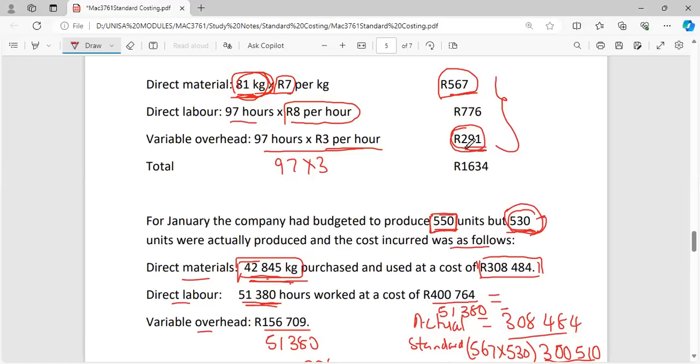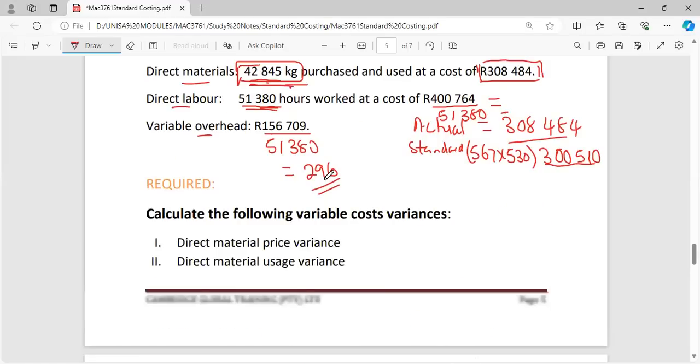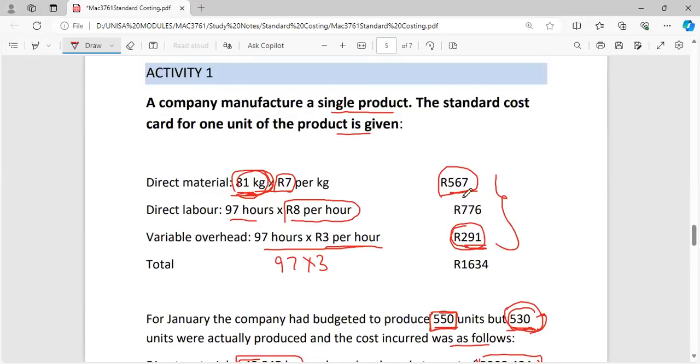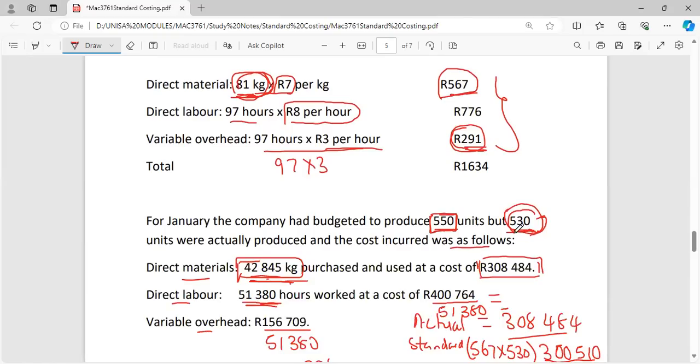It's the full cost. This 291 and this 296. So we cannot use these hours now, because this line is going to be the cost of each unit. So we are going to multiply by 530, which are the units that were manufactured here.